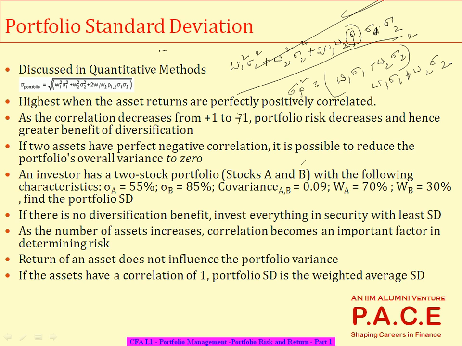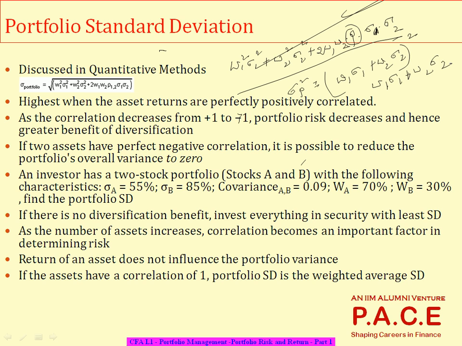If the two securities are perfectly positively correlated, the standard deviation of the portfolio is the same as the weighted average of their individual standard deviations, because there is no diversification. It does not come down. It's a simple weighted average. Whereas when they are not perfectly positively correlated, there is some reduction from there.